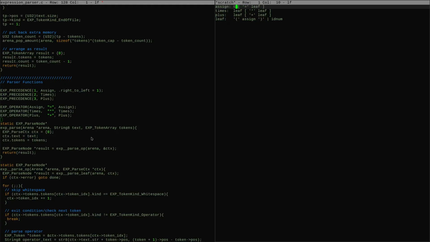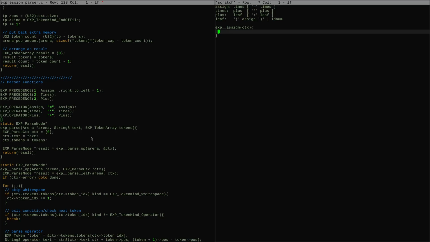This is like times, plus, leaf, right? There you go. There's explicit precedence. If we were parsing like this, then we'd go like assign takes in the context.